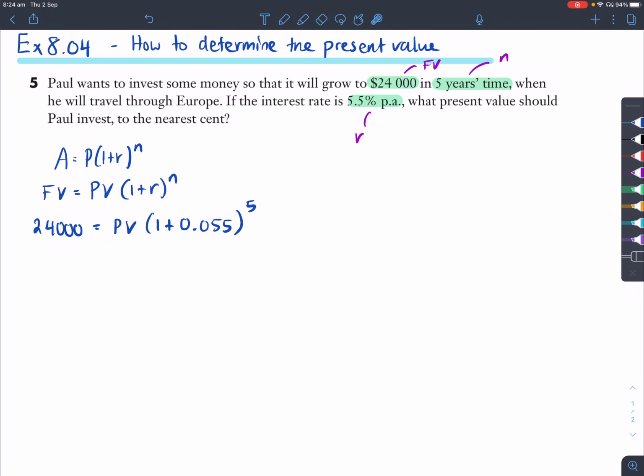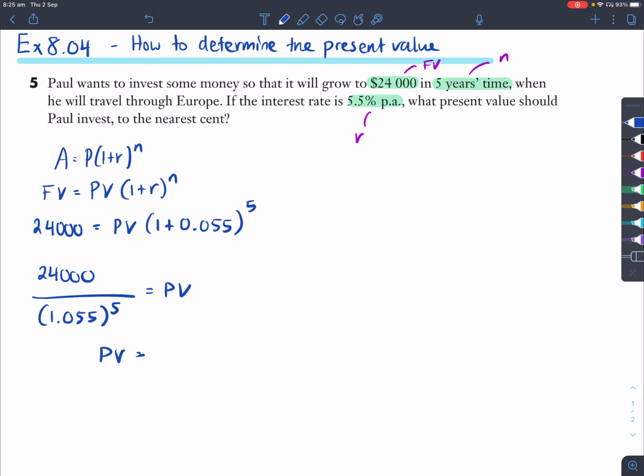So if we divide this over to the other side, we will get 24,000 over 1 plus 0.055. You can also write 1.055 to the power of 5. And that's equal to the present value. So reverse what it says there: keep PV on the left and type in what you've got.